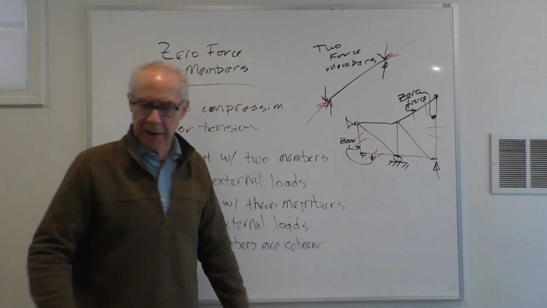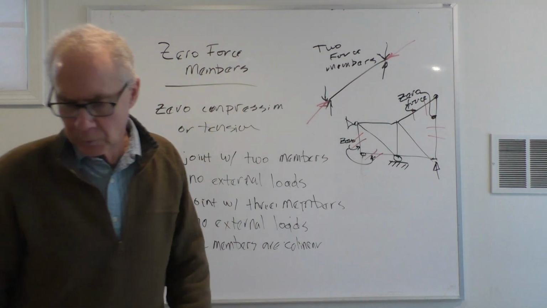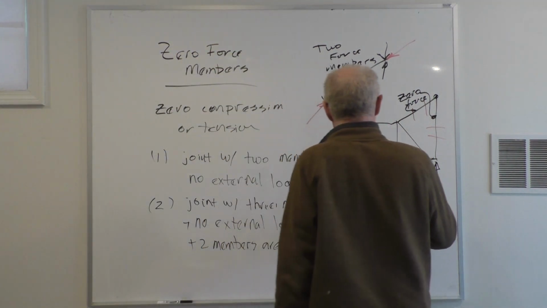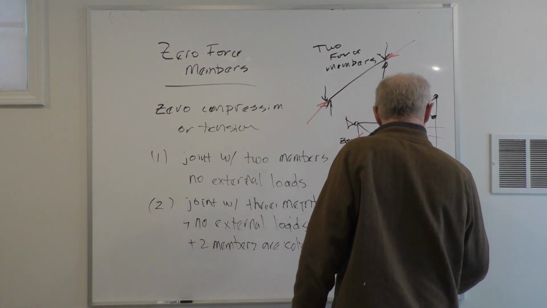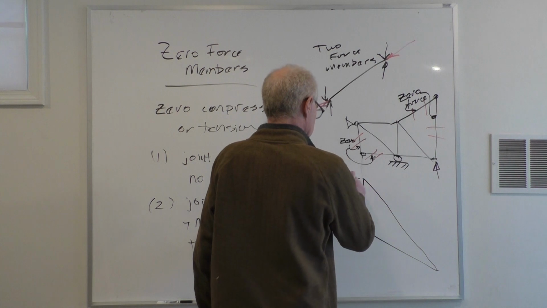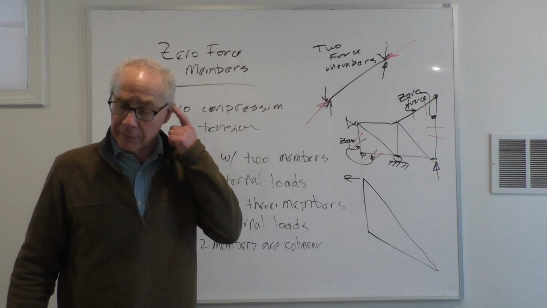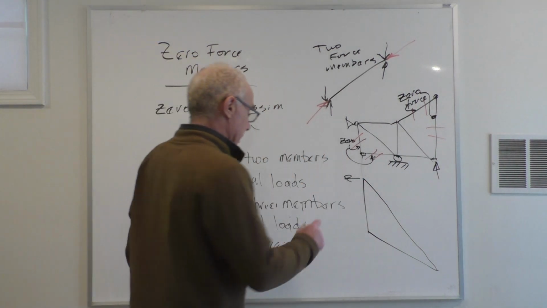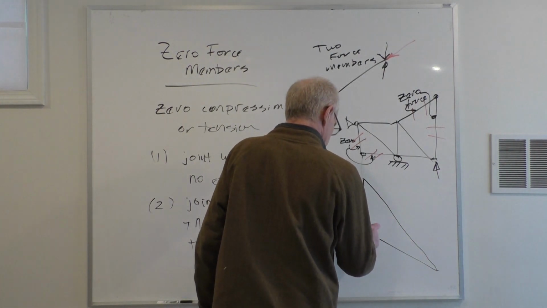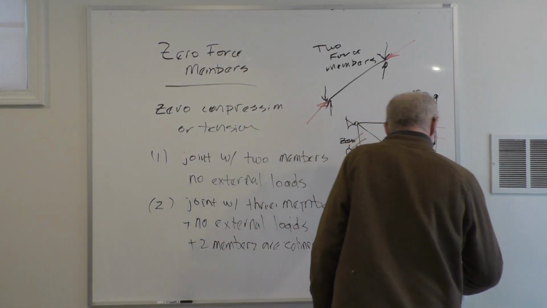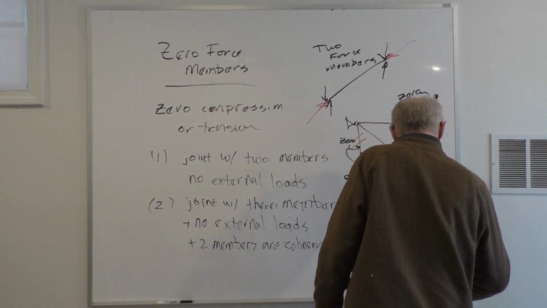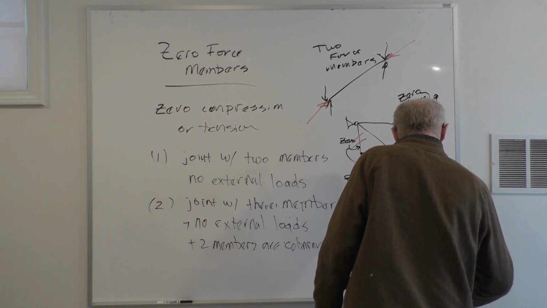Alright, so let's look at a case where that occurs. This is an odd looking truss, but here we have like that, like that, like that. Obviously these are kind of artificial circumstances, although they do illustrate something that we do see, that we do have trusses which have zero force members in them.